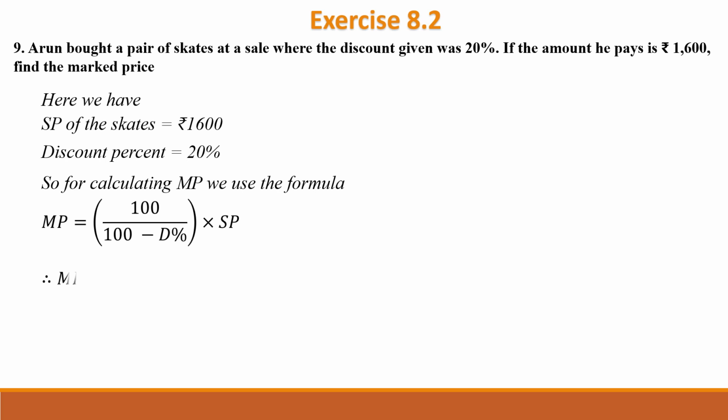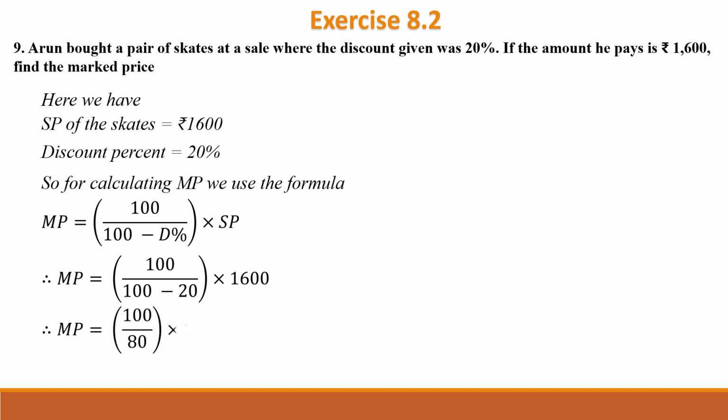So we will substitute discount percent as 20 and selling price as 1600. 100 minus 20 becomes 80, and then we simplify it. Once we simplify, we get the original price of the pair of skates before the discount was given as rupees 2000.